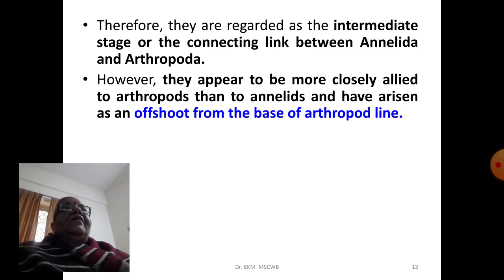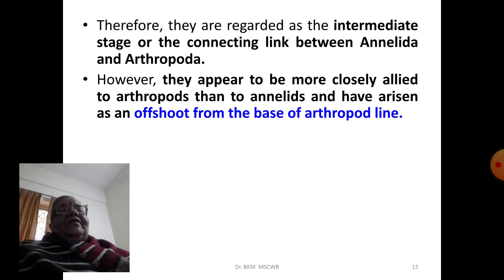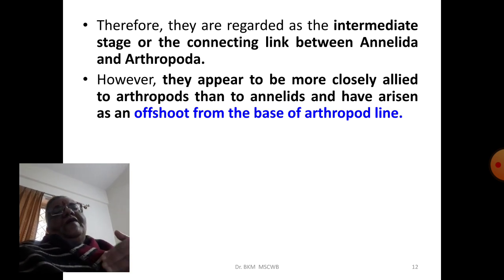There also you find ctenophores which have arisen as an offshoot, right? In the same way here, Peripatus or the Onychophorans have arisen as an offshoot from the base arthropod line.